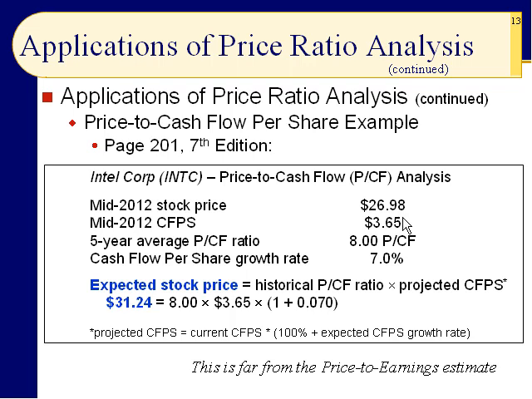And if we go back 5 years, we find that the price to cash flow ratio over the last 5 years was 8.00. And the analyst or whoever, maybe you, maybe some other entity, is predicting that their cash flow per share will grow next year by 7%. So we do the exact same thing.